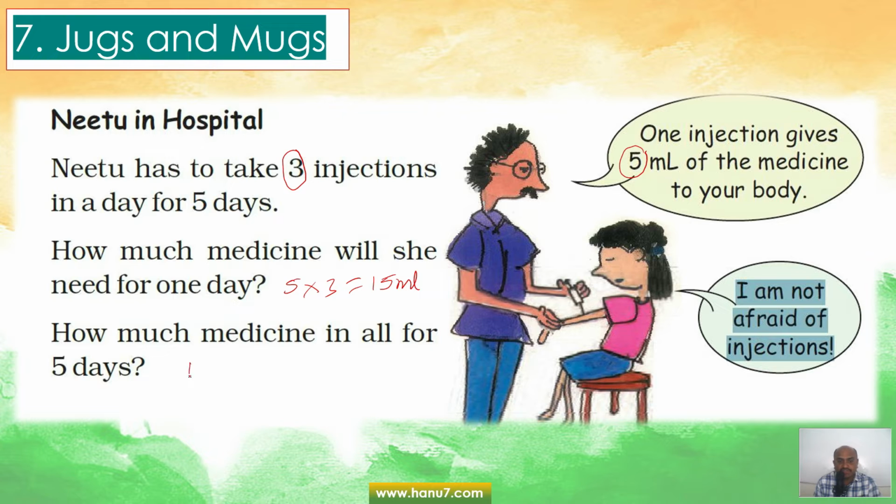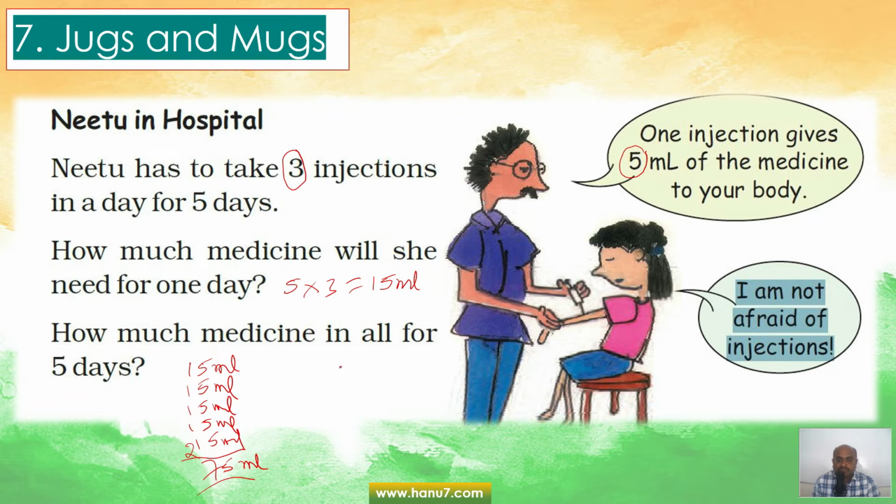You can do this by adding: 15 ml plus 15 ml for 2 days, plus 15 ml for 3 days, plus 15 ml for 4 days, plus 15 ml for 5 days. 5 plus 5 is 10, plus 5 is 15, plus 5 is 20, 25, and you get a carry here, 2, 3, 4, 5, 6, 7. 75 ml is the total medicine she is consuming in 5 days.